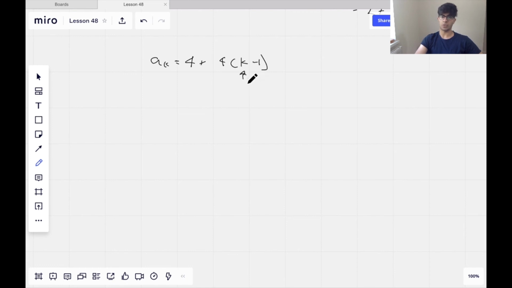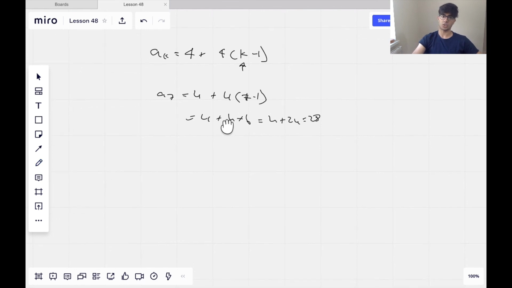So if you want the 7th term, you plug in 7 where the k is, and you can find what A7 is. A7 is 4 plus 4 times (7 minus 1), which is 4 plus 4 times 6, which is 4 plus 24, which is 28. So if you were asked to calculate the 7th term, you just plug in 7 where k is. Or whatever term.